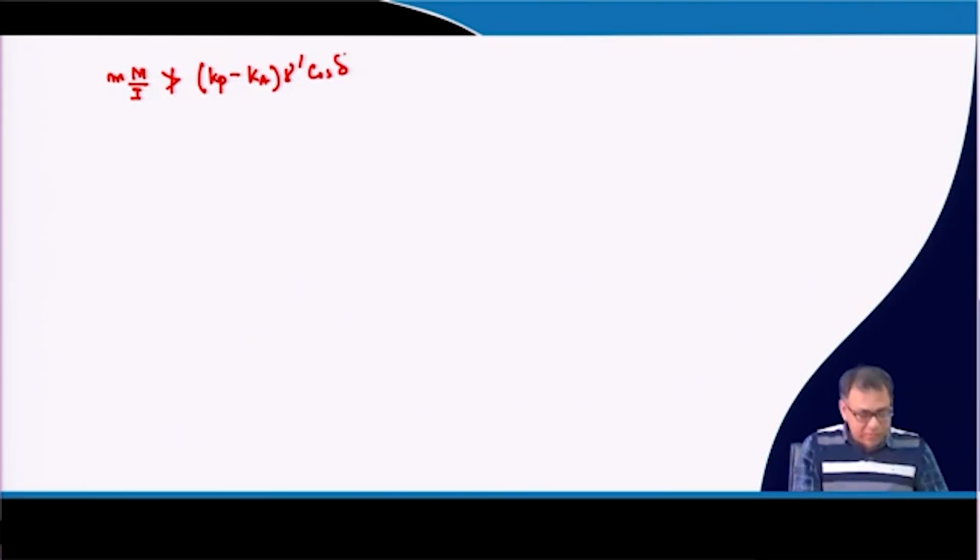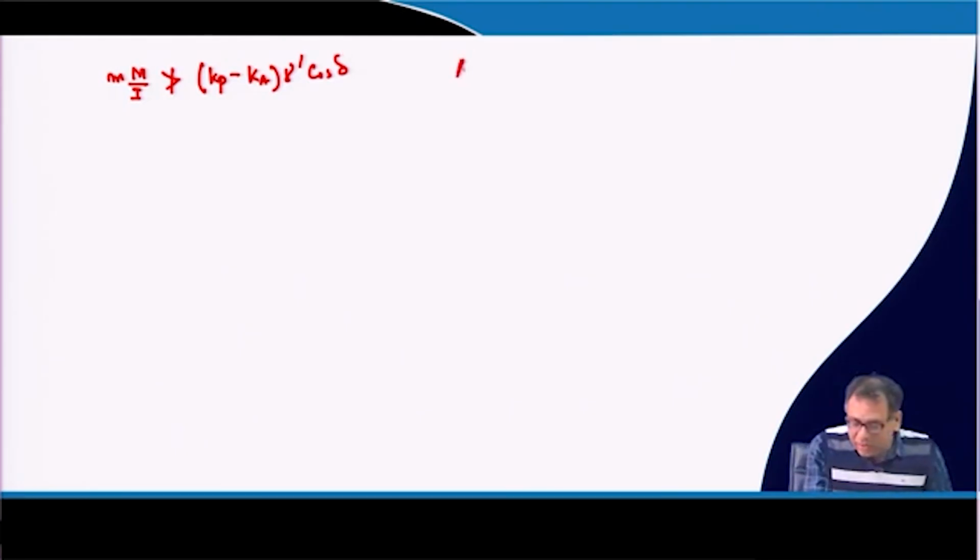Okay, so now I will do the next checking. The next one is that small m into capital M by I should not be greater than (Kp minus Ka) gamma dash cos delta. So, that is the equation.